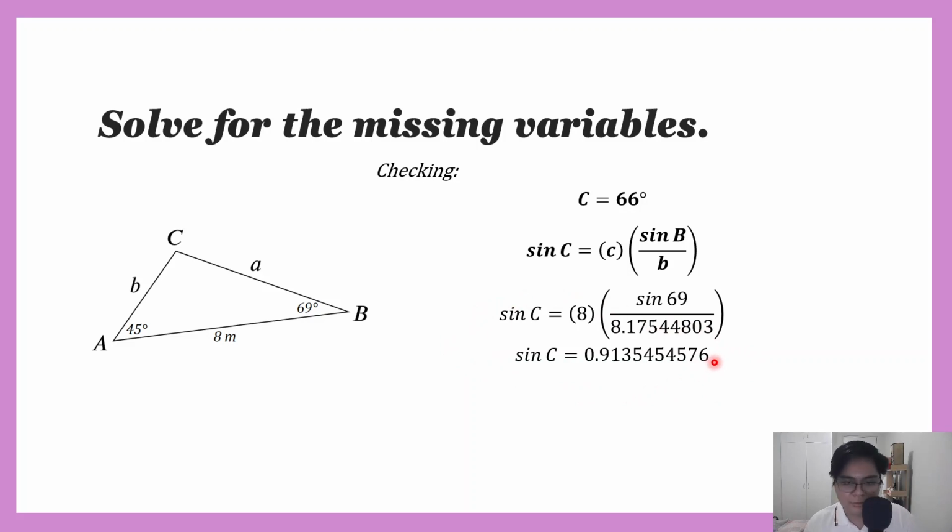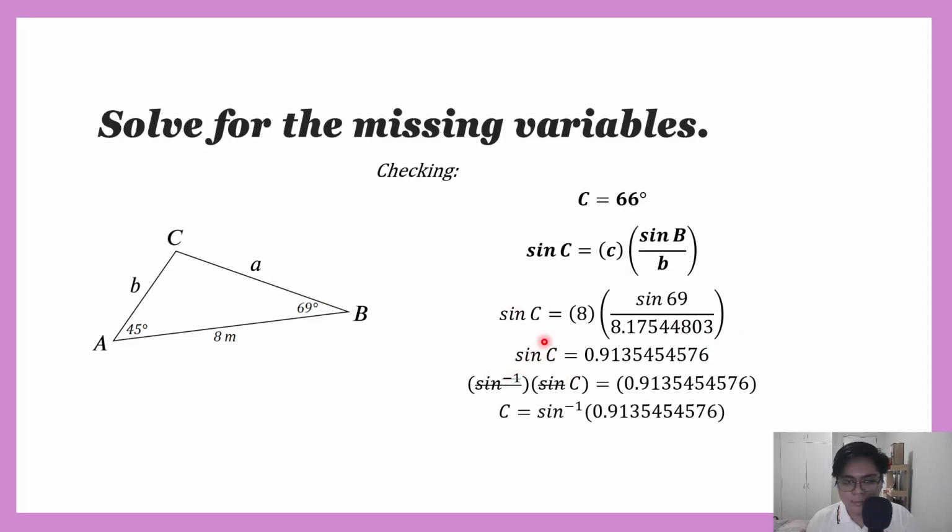No, it is not the final answer because we'll be using arcsine. Multiply arcsine on both sides to cancel out sine on the left side and for arcsine to be multiplied on the value of sine C. We now have C equals arcsine of 0.9135454576, which will result to 66 degrees. Meaning, our solution is correct.